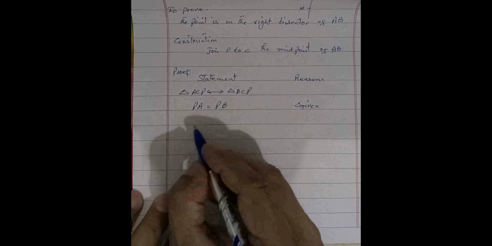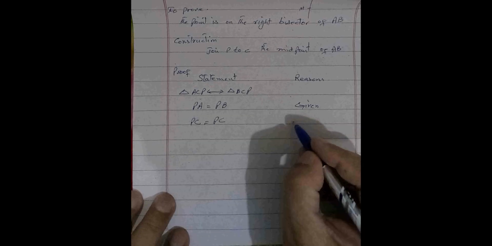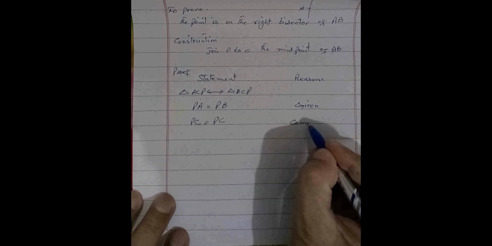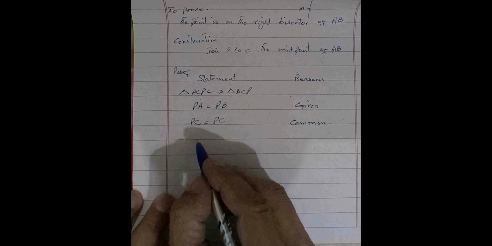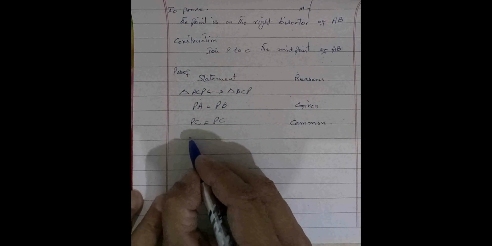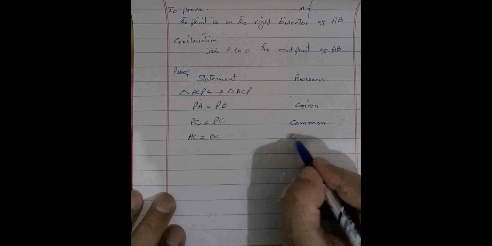Next, PC is equal to PC, which is common, and AC is equal to BC, which we find in the construction.